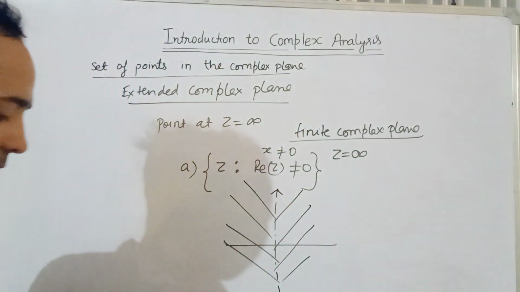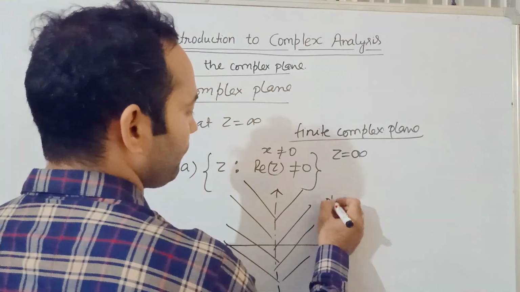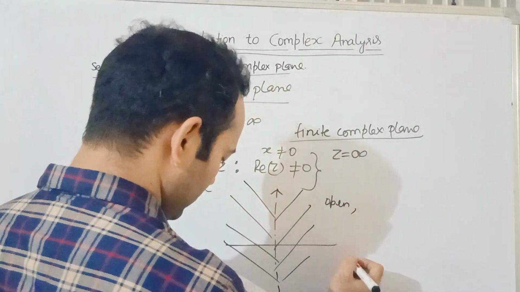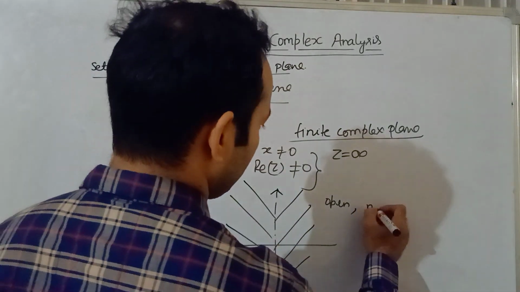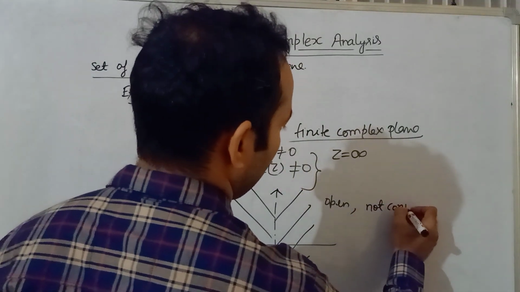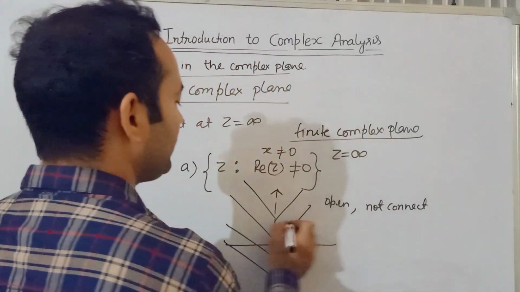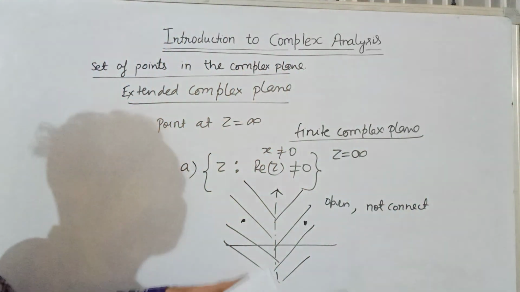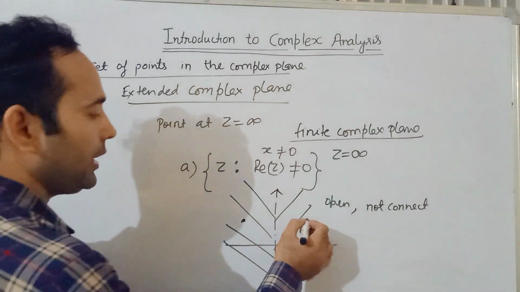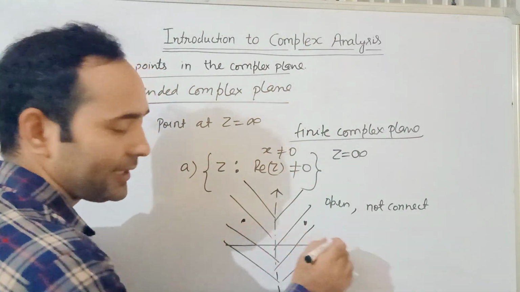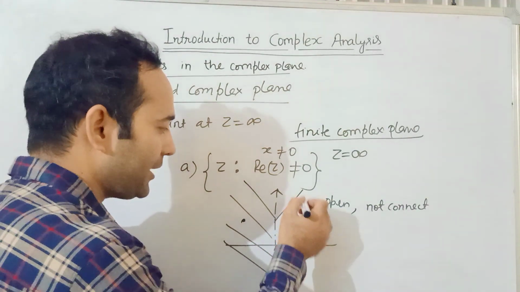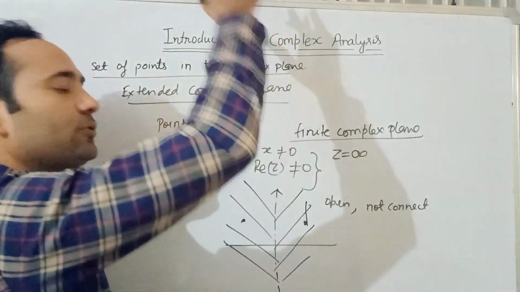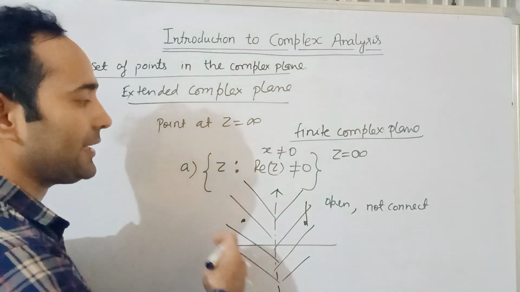By the way, this is open. This is not connected. Why? Take one point here, take one point here. Will you be able to join them? No. You cannot directly join them because the y-axis is not included. You might think, okay, let's go around. Where will you go? Till infinity. So you cannot connect them.